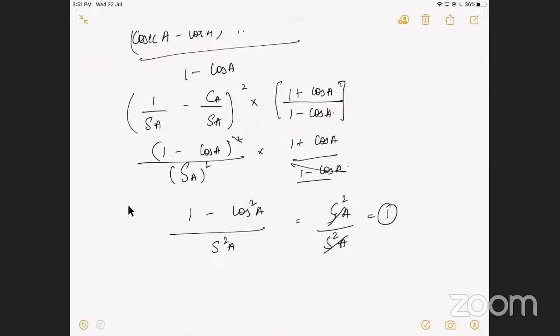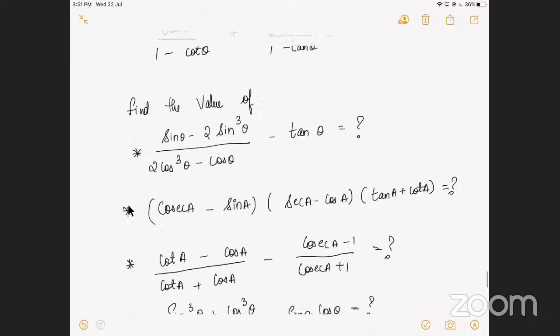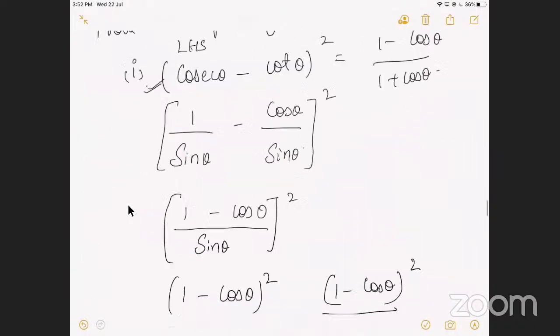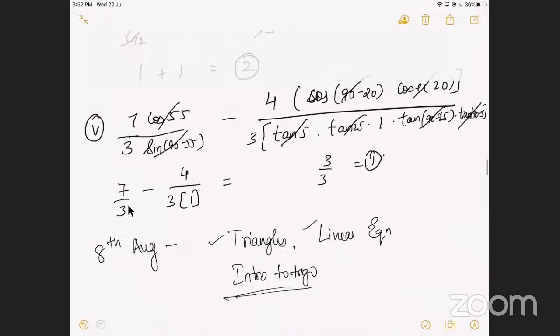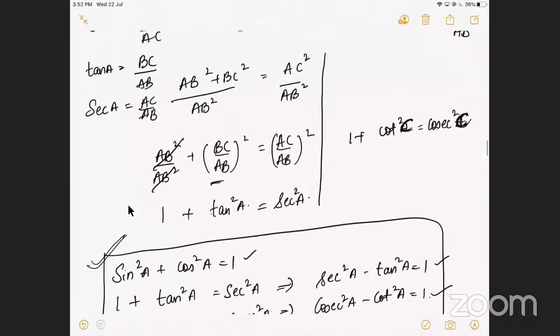Yes, sir. Got it. Understood everybody? Chalo, let's end the class here. I'll send you a worksheet based on this concept, the identities and the complementary angles and everything. So I'll roughly give you some 15 questions as homework.